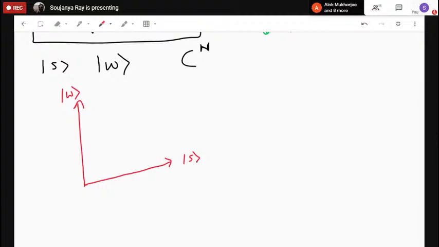Now we need to introduce a state S dash which is perpendicular to W. So let's introduce a state which is S dash. I'll use a different color for this. So the dash went off, so I'll do another dash. So we introduced an S dash state which is in the same complex plane and which is perpendicular to W, the searchable item.